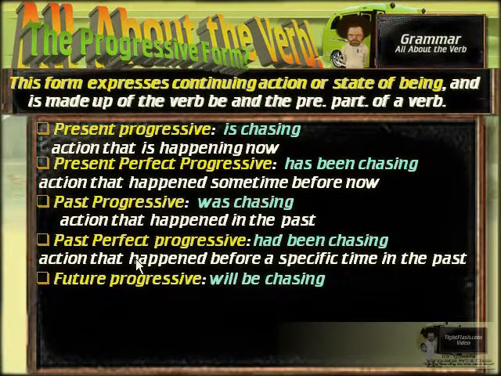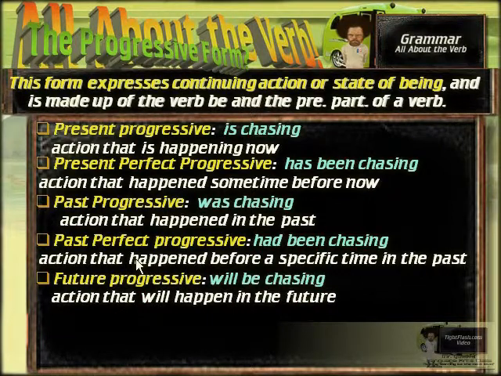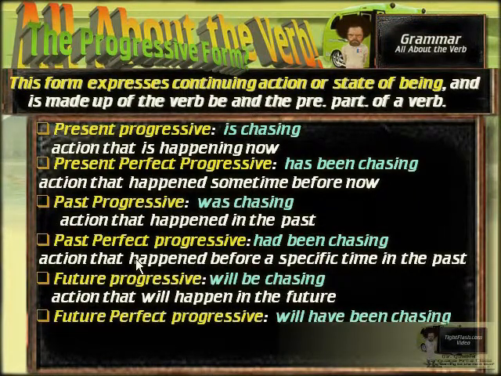Future progressive will be chasing. That's something that is going to be happening in the future. If you want to add more meaning, you put it in a sentence to show exactly when it'll be happening in the future. Future perfect progressive will have been chasing, or in my case, will have been making. By 12 o'clock, Mr. Quick will have been making videos for 4 hours.